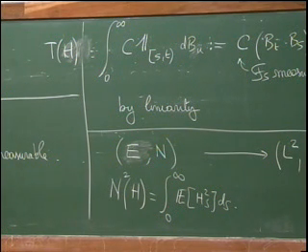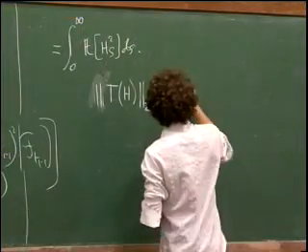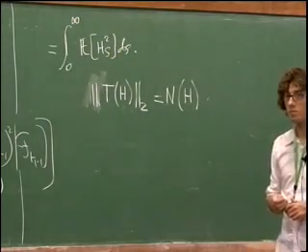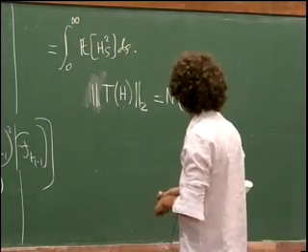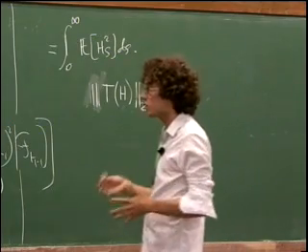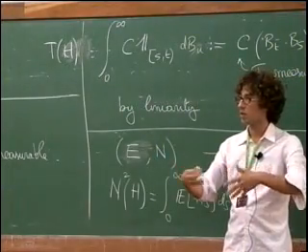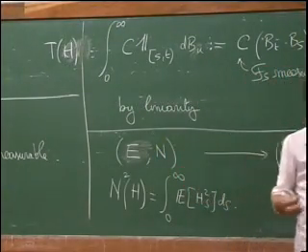We have that the norm 2 of T of H is exactly the norm of H. Okay? And it's very easy to check that these simple processes are dense in a lot of spaces, and in particular in E, so that you can extend by linearity your map to the whole space E.